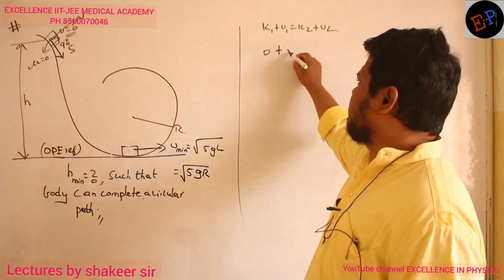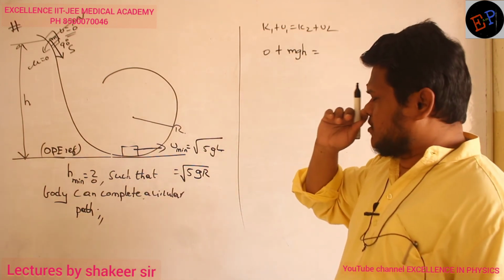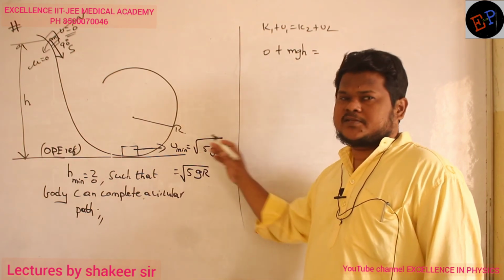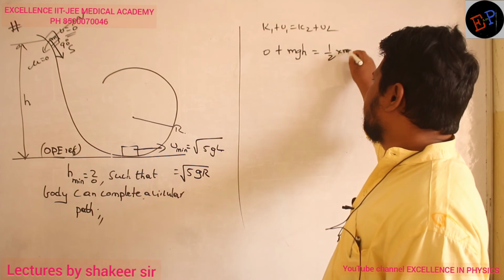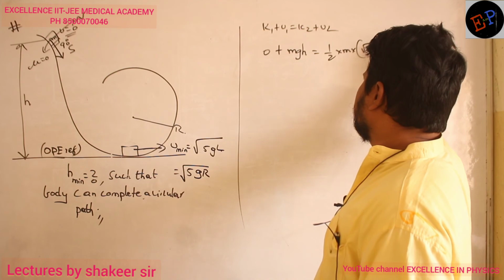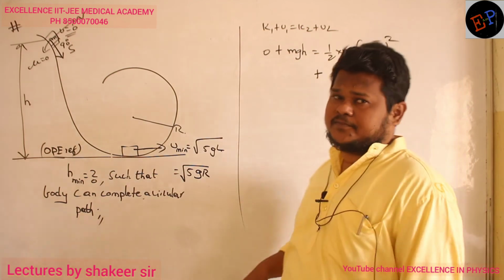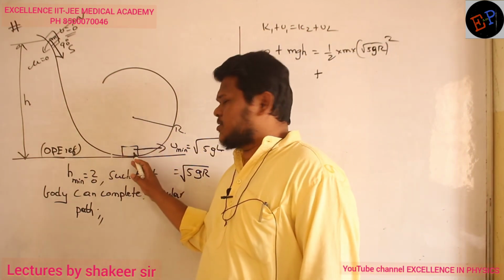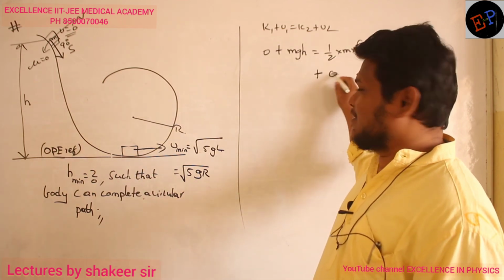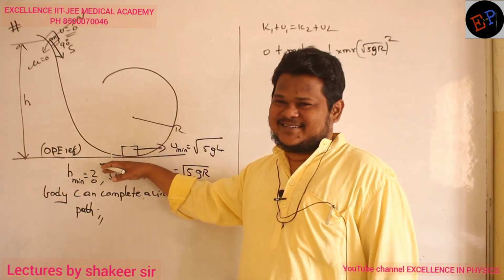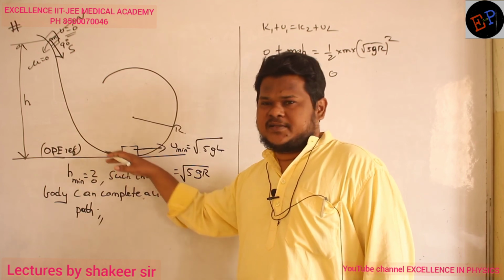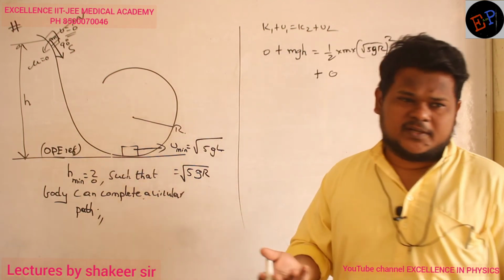Final kinetic energy: root 5gr should be the velocity, so kinetic energy is half m v squared, that is half m times root 5gr whole squared. Final potential energy, when the body reaches this position, is 0, since it is at the zero reference.